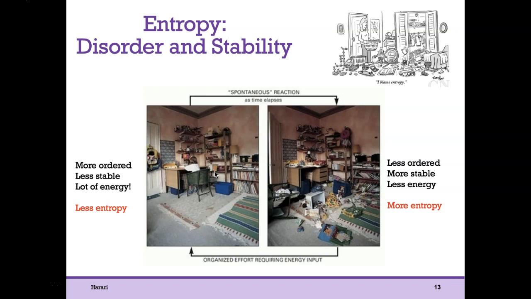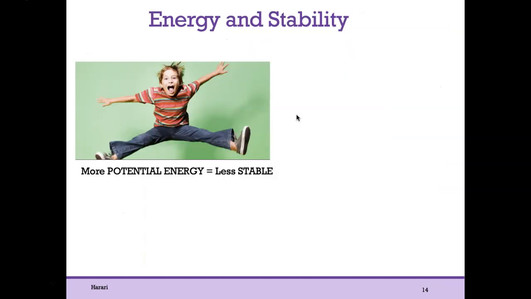So again, what I'm trying to explain is that things like to go from less stable and more ordered to less ordered and more stable. So please take a second to reread the book when it talks about energy and entropy, but also to make sure you understand these slides.